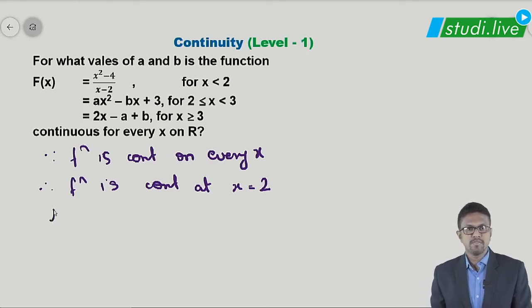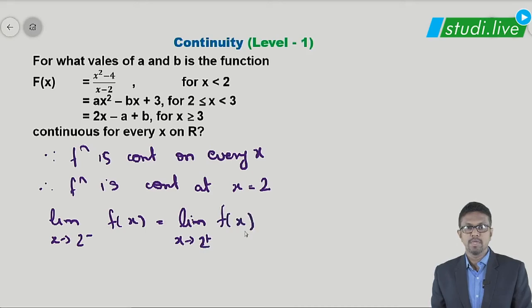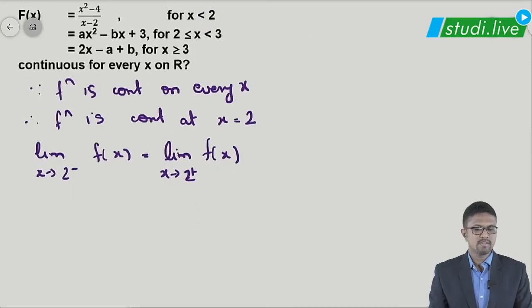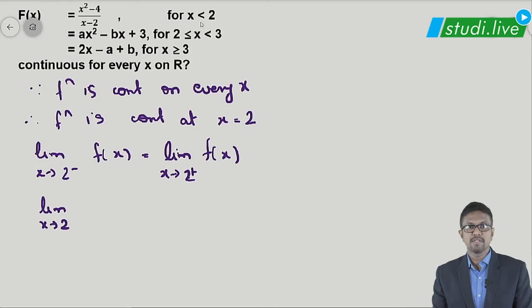Okay. So we can say therefore limit x tends to 2 minus f of x is definitely equal to limit x tends to 2 plus f of x. So they both are going to be equal. When I am saying 2 minus, I will have to use the value where x is less than 2, so that is (x square minus 4) upon (x minus 2).